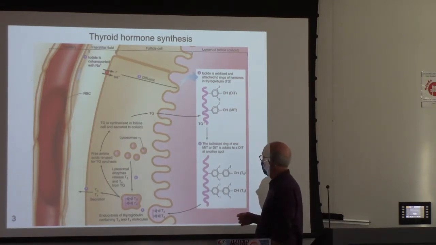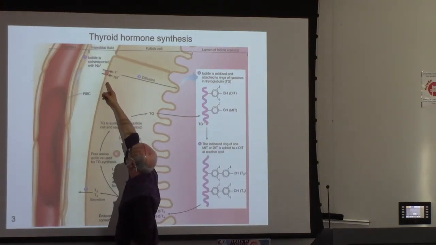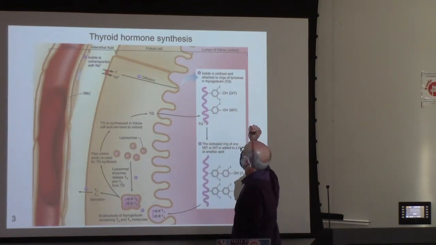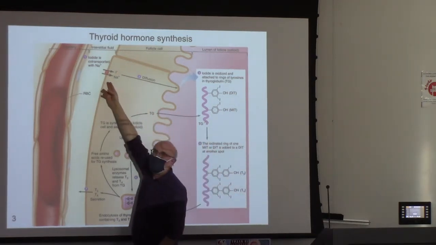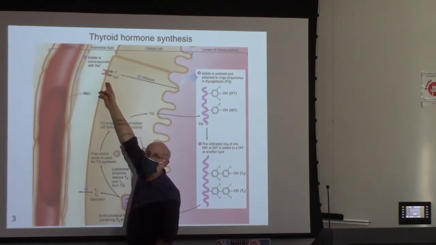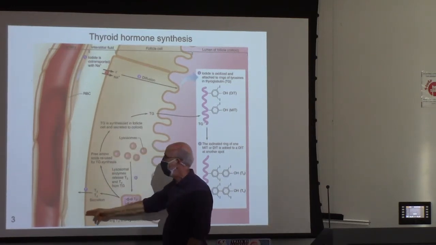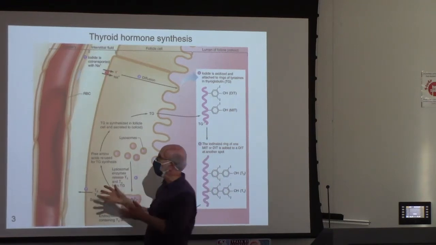Well, your book starts with the import of iodide, but let's just start with the production. Well, okay, there are iodide sodium co-transporters that are expressed in the follicle cells of the thyroid. So let's get oriented.